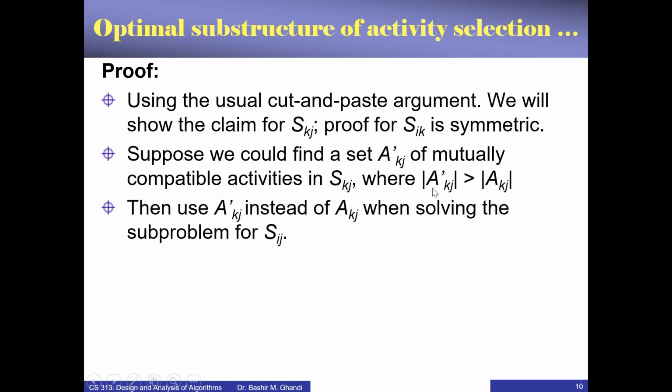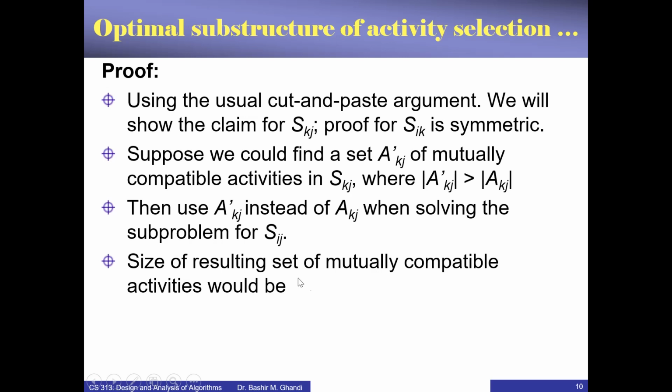Then it means instead of using AKJ in the solution to our main problem for the Sij, we could substitute this solution. Okay, and that will result in a set that is bigger than our mutually compatible subset.